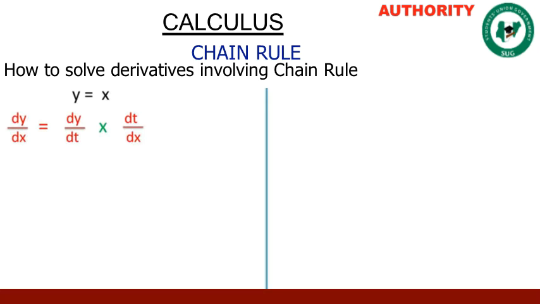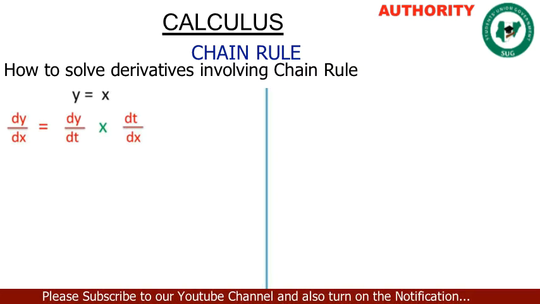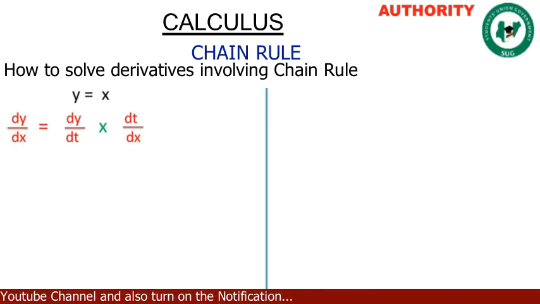Then you are going to say that the differentiation of y with respect to x will give you dy/dt times dt/dx. Okay, so let's just take this as the formula for the chain rule. Then I will use an example and explain very well.